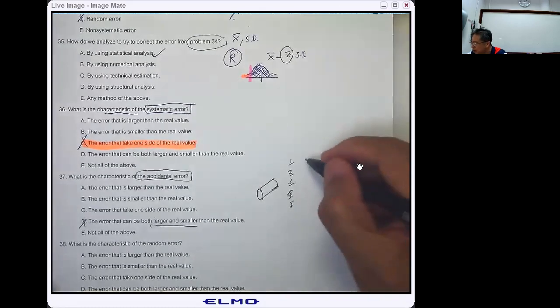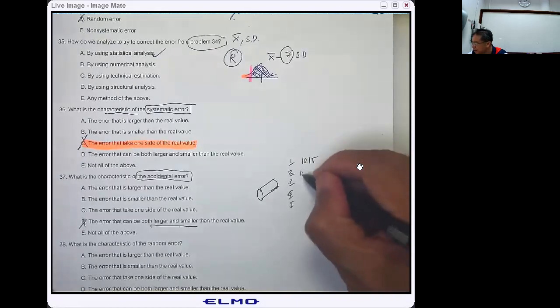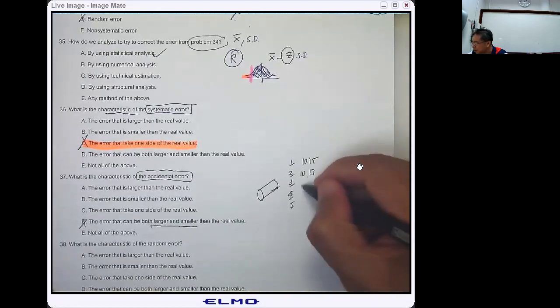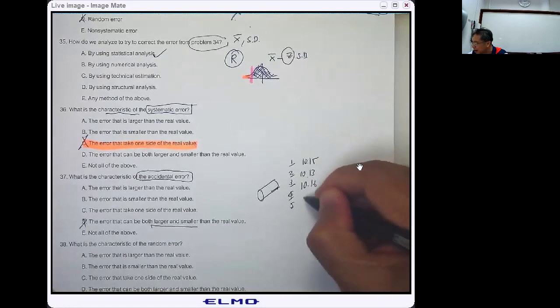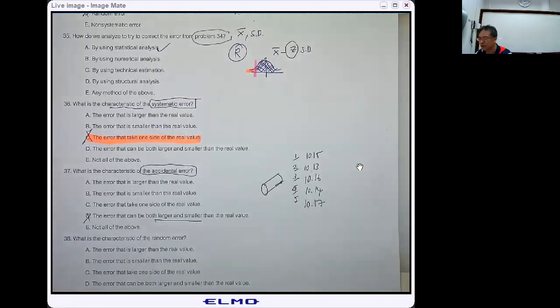Most of the time, you will say just 10.15. Another one may say 10.13. One said 10.16. Another one said 10.14. Another one said 10.17. Most of the time, they wouldn't get the same value. But you can see the value may be smaller or larger, it occurs randomly.